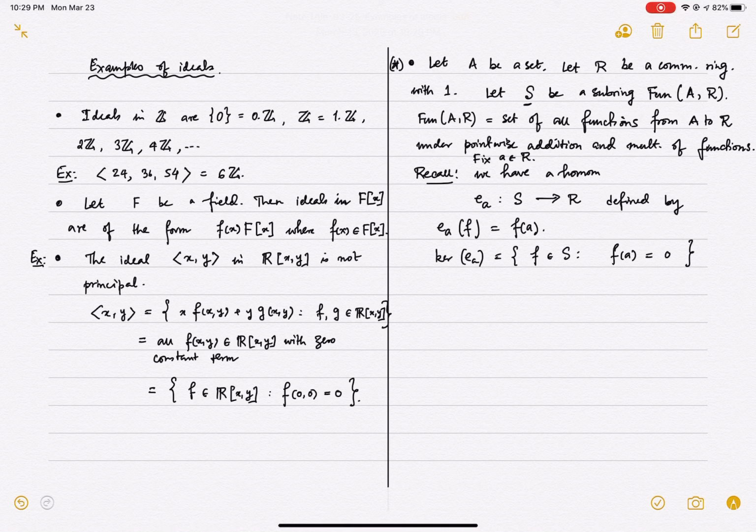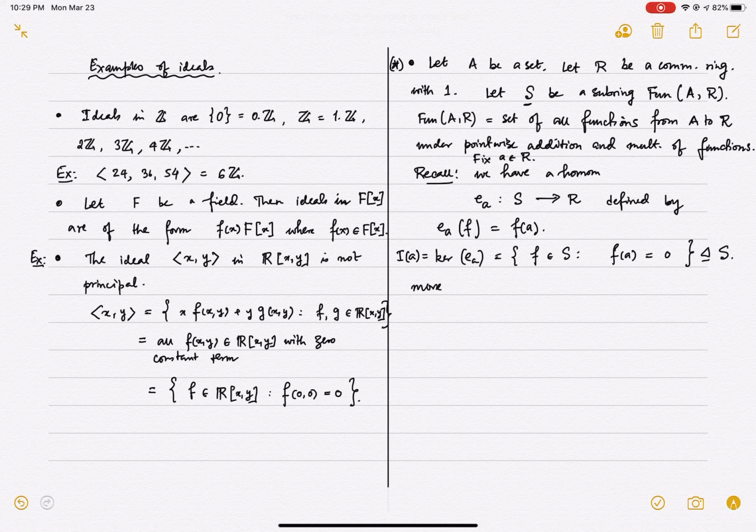So these are all the functions that vanish at that point. Okay, and that is an interesting ideal. We'll write that I sub A, the ideal of functions vanishing at A. So this is a two-sided ideal in S, because kernels of any homomorphism, remember, are two-sided ideals.